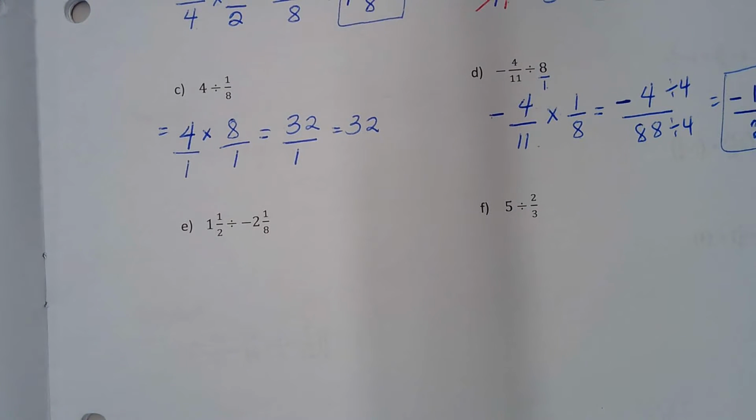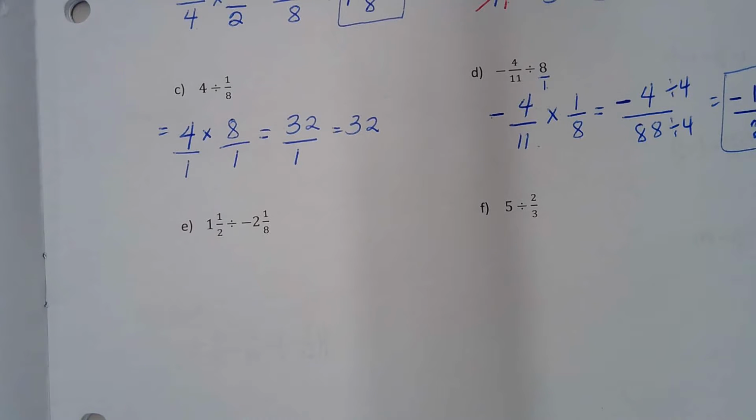Letter E. Anybody has an idea on how we deal with this type of question? Now we got some mixed. Okay, what do you call that? We're gonna change this to improper fraction.